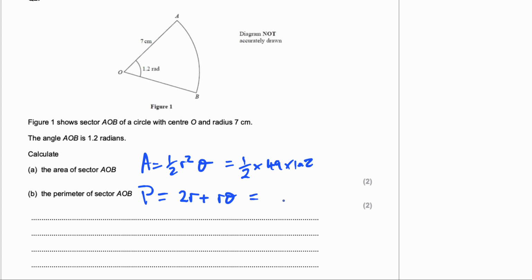And this is going to be 2r, so that's 14 plus r times theta, so that's 8.4. So that will give us 29.4 centimeters squared, because it's an area, and 22.4 centimeters, which is a perimeter.